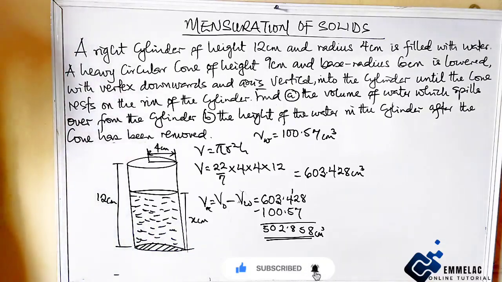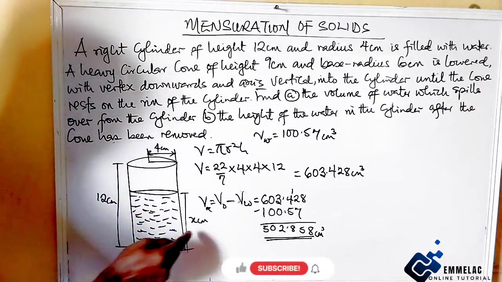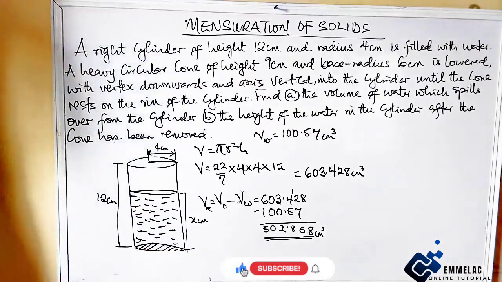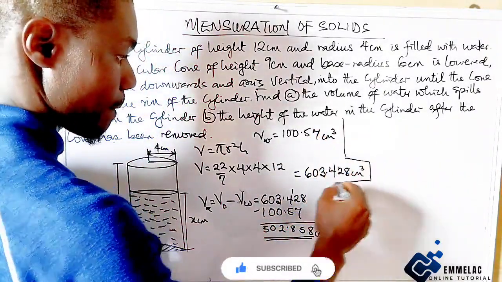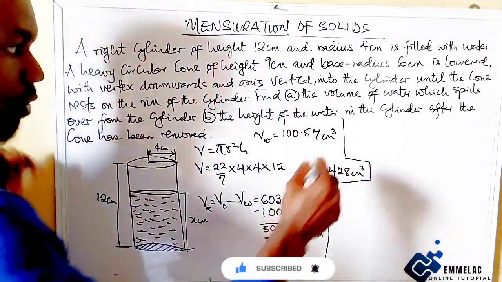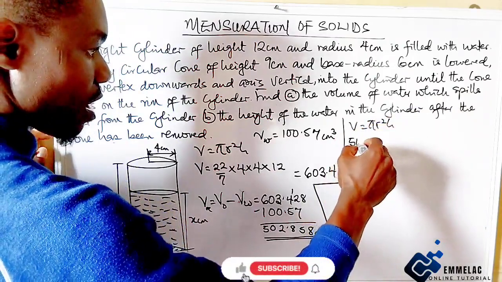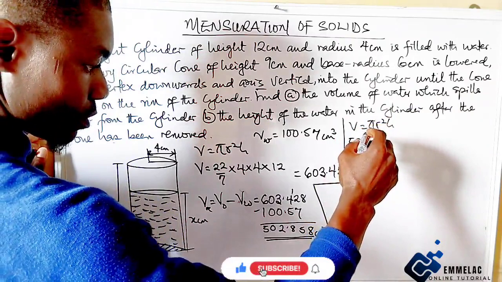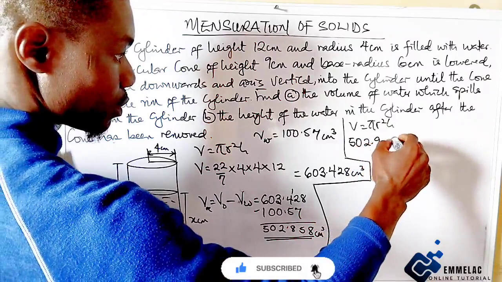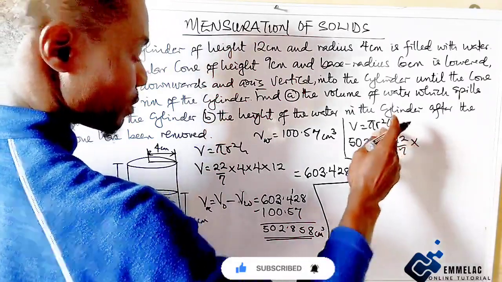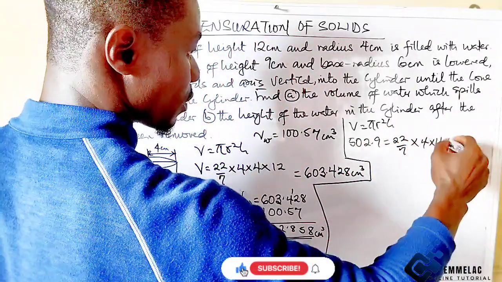All right, with this, this is now the volume of the remaining water. What we need to do now is use this volume to ascertain the height of the water. So here this is our volume again, 502.9 approximately, equals 22/7 times the radius, which still bears the same radius, 4 times 4 times height.